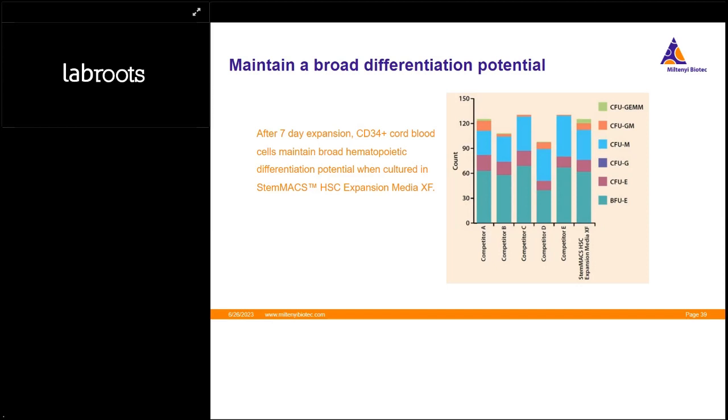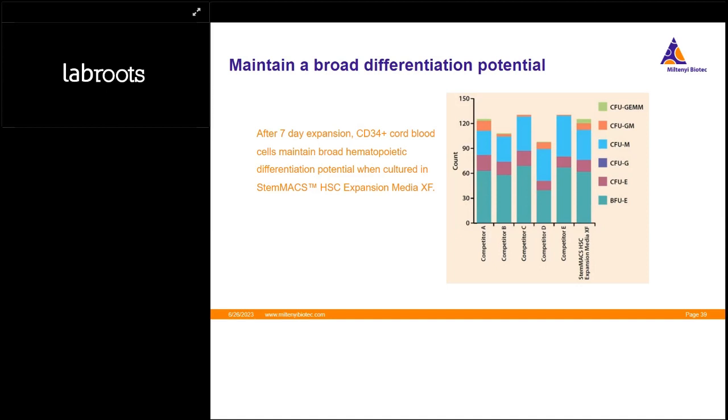You can see over here that our media's grown HSC perform either equivalent or actually better in terms of CFU diversity compared to most of the vendors, showing that it not only has the highest HSC expansion efficiency, but also a very decent CFU diversity, which proves a great potential for differentiation as well.